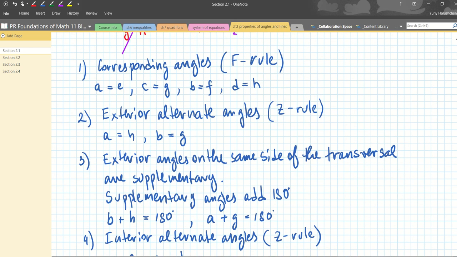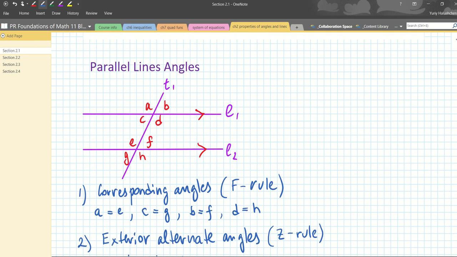So vertically opposite means, for example, we have C and B. These are vertically opposite angles. A and D are vertically opposite angles. And as you can see here, the lines don't really matter whether they're parallel or not, because this is only like this cluster of angles here. And then on the bottom on L2, we have E is going to be vertically opposite to H, and G is going to be vertically opposite to F. So the lines L1 and L2 don't have to be parallel for this to be true.